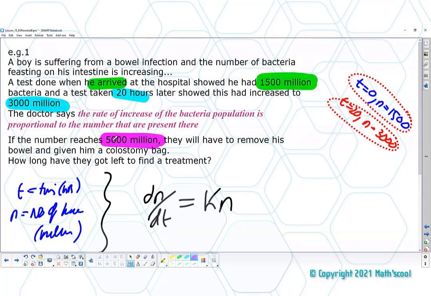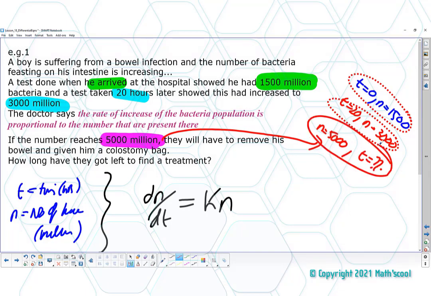They're going to have to remove his bowel and give him a colostomy bag. So this is what we want to find. N equals 5,000 million. What would t be? We need to find that. How long have we got before we have to start operating on it?